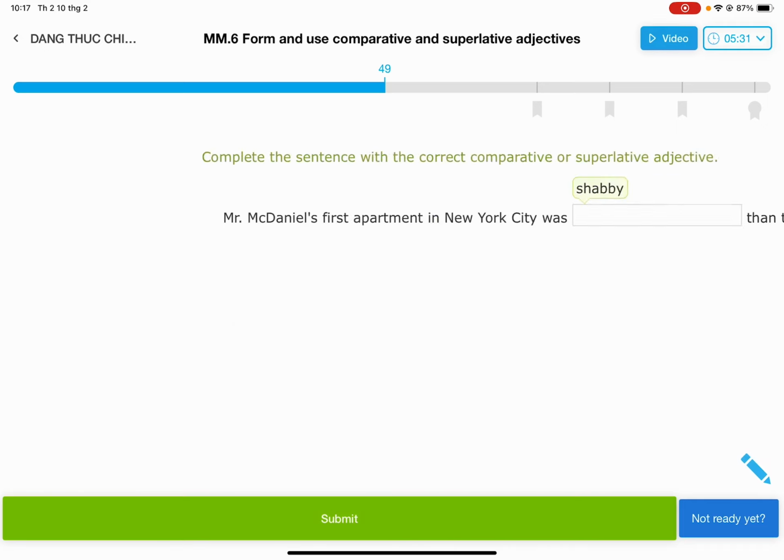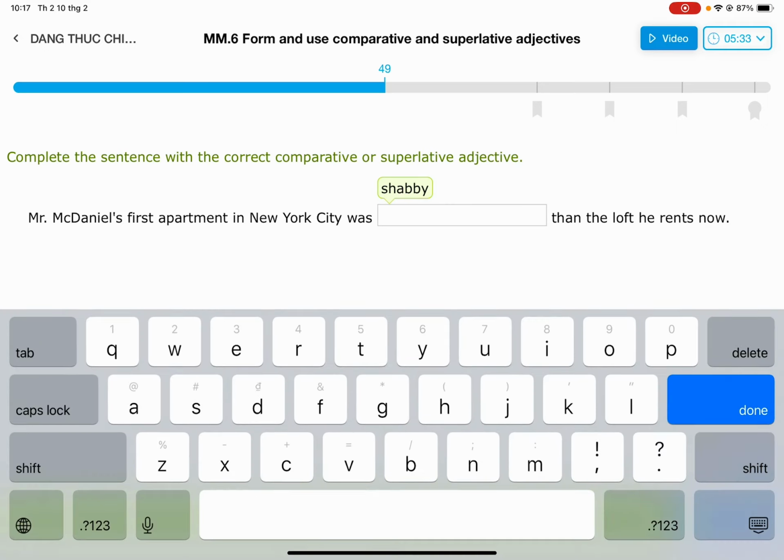Comparing... was more shabby. We're comparing one apartment to the other apartment, to the lot that he rents. So we're comparing two things to each other, so it would be a comparative adjective.